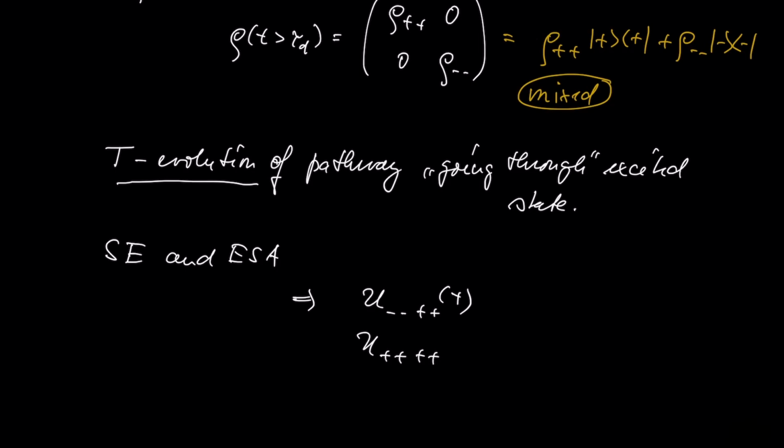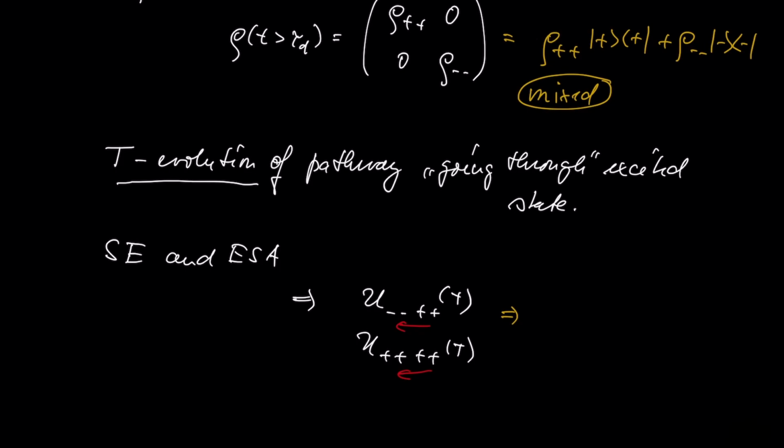If we read these from right to left, then we see that the first one is the transfer of the population from the plus state to the state minus, and we have also that part of the dynamics which corresponds to the population staying at plus.